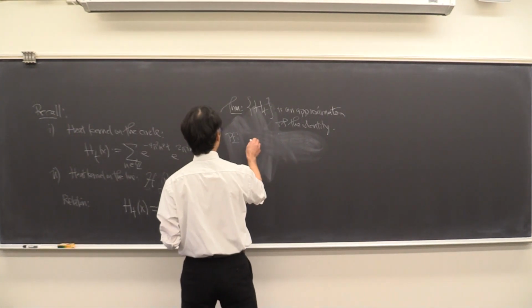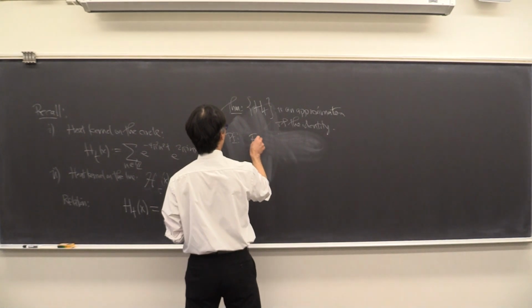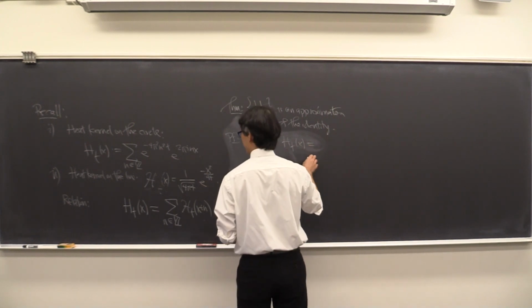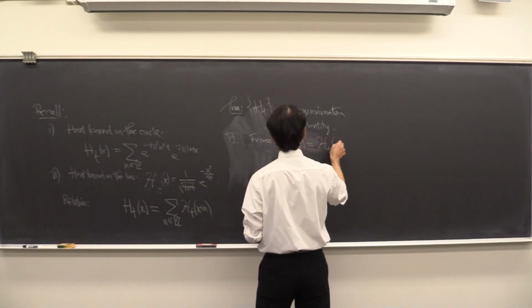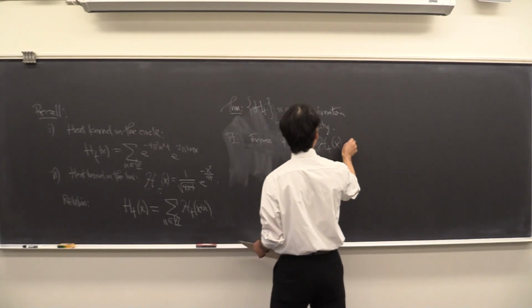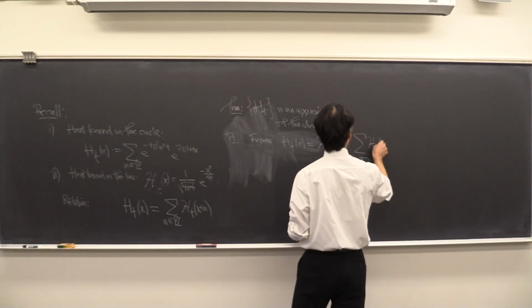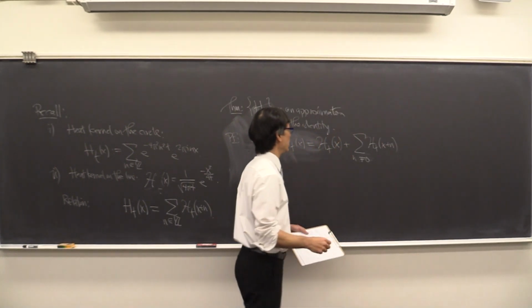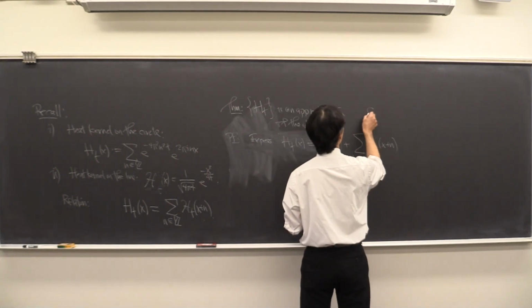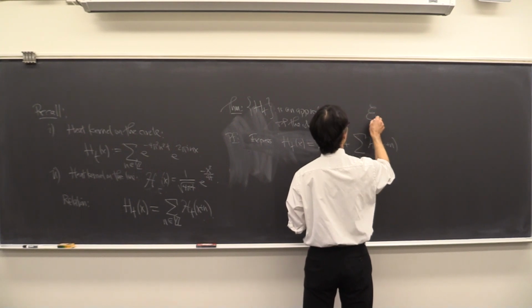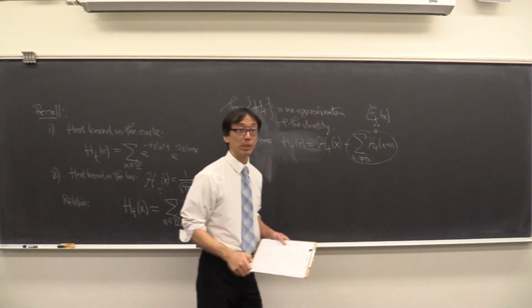So the idea was to express H_t of x as H_t(x + 0), and then all of the other terms, H_t(x + n), where n is not equal to 0. We call this the error term, E_t of x.